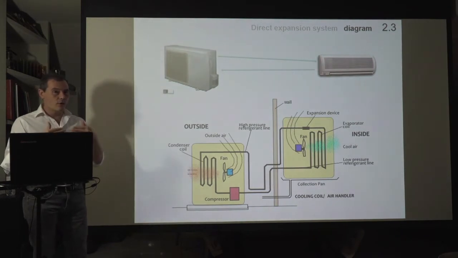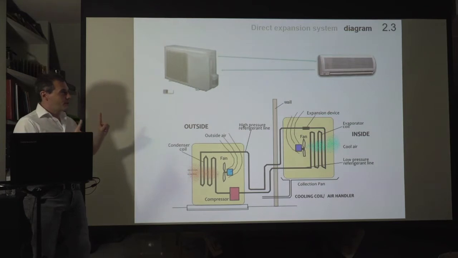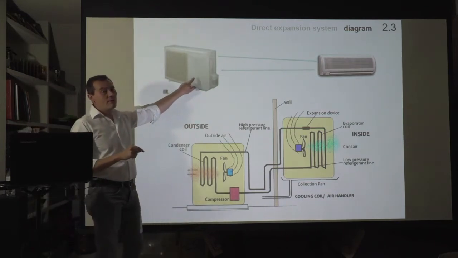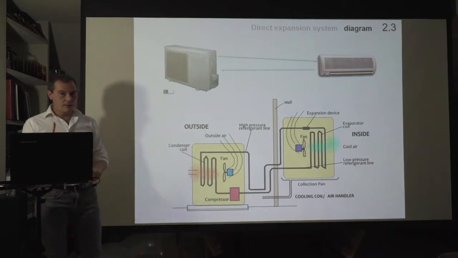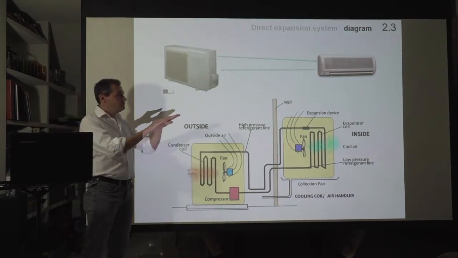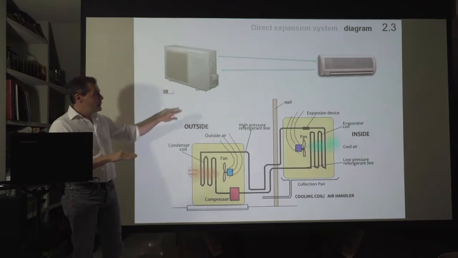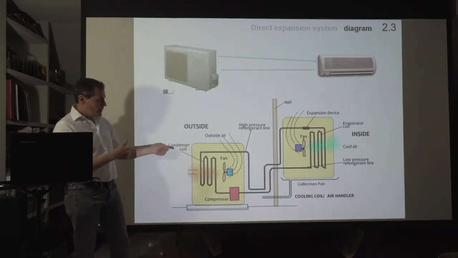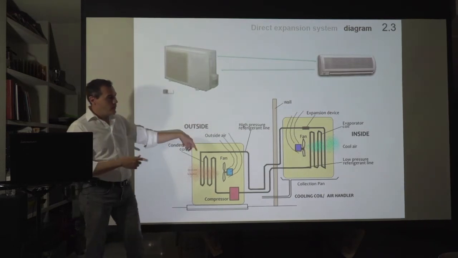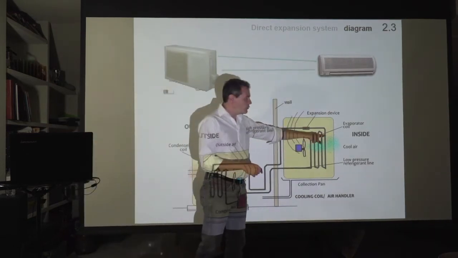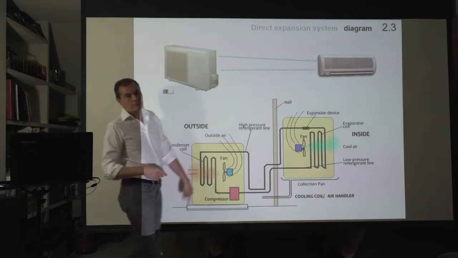This is why we call them air-to-air systems. Remember, we have a heat pump, so we have an energy generator. We didn't have energy generators in air handling units. And this is the air-to-air system, because we have something outdoors that works with the outside air, and something indoors that works with the inside air.